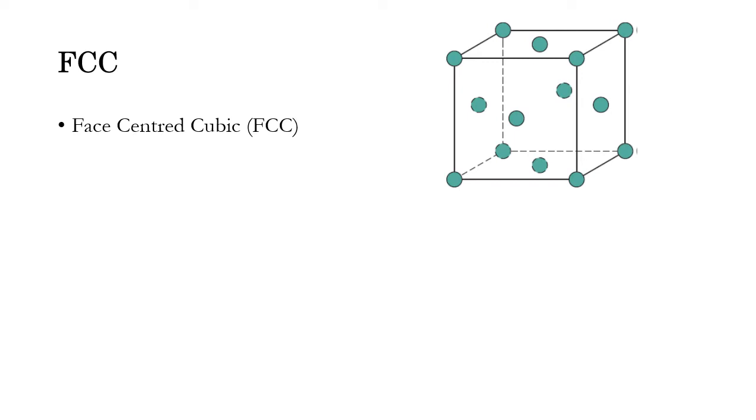So this is the unit cell of the face-centered cubic crystal structure, and as you can see, at every corner there is an atom, and at the center of each face of this cube there is an atom. So that's why the name face-centered cubic.